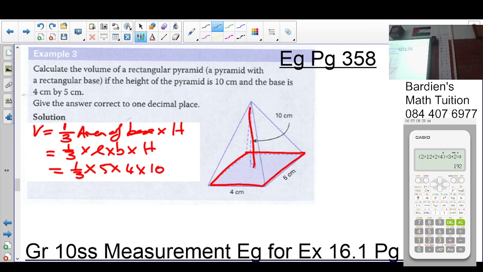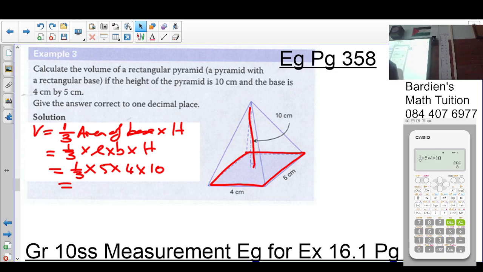You see that, people? So we put it in the calculator. A third times 5 times 4 times 10.